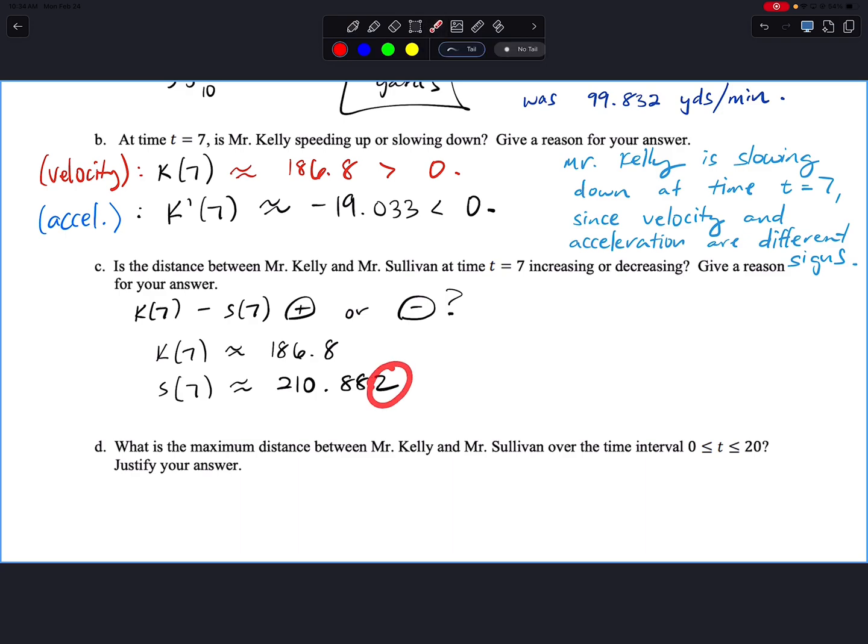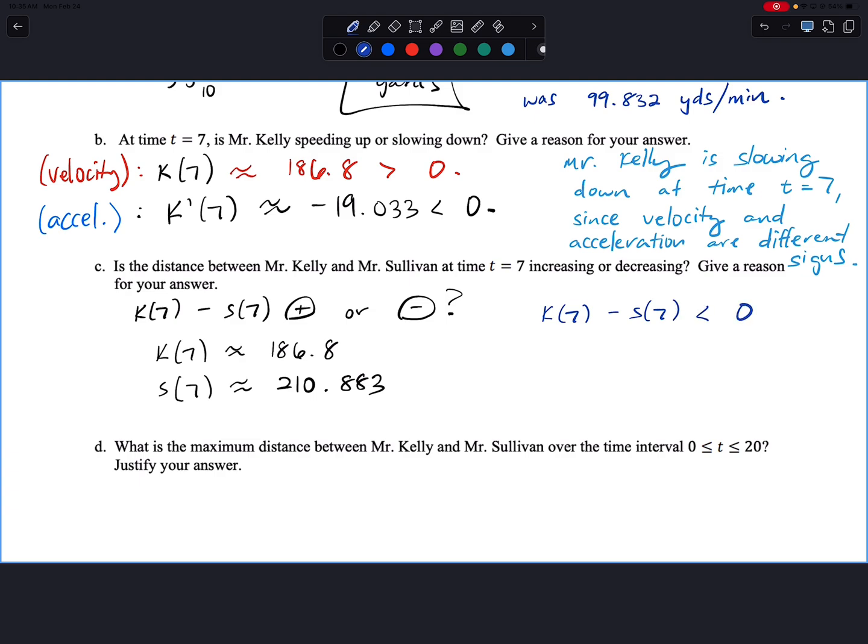Oh, thanks. 83. Okay. Thanks. Okay, let me ask again. Which one's bigger, K of 7 or S of 7? S of 7. So if I subtract K minus S, you don't even need a calculator for that. If you subtract that, is it positive or negative? That's all you care about. It's negative. So K of 7 minus S of 7 is negative.